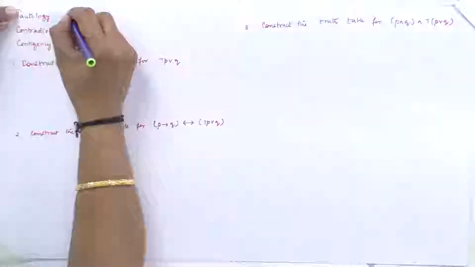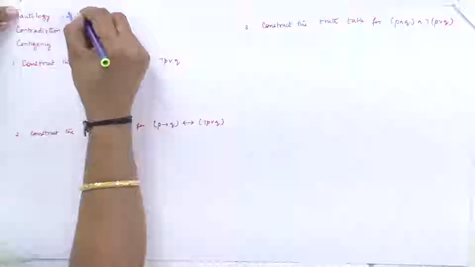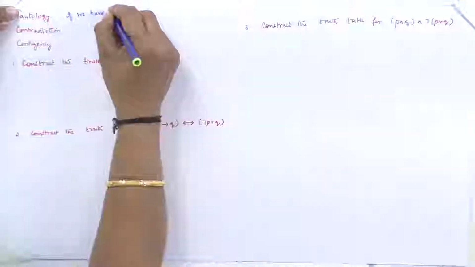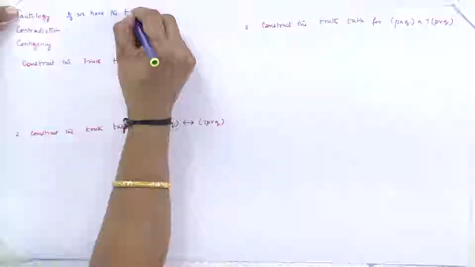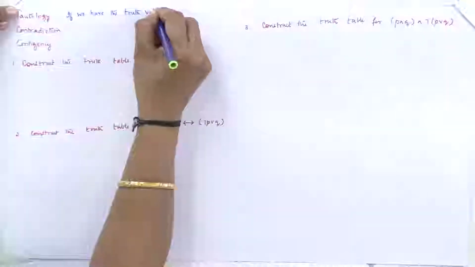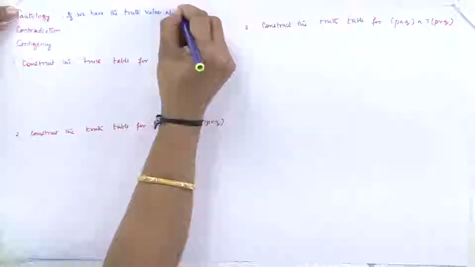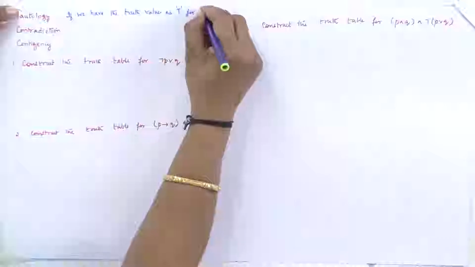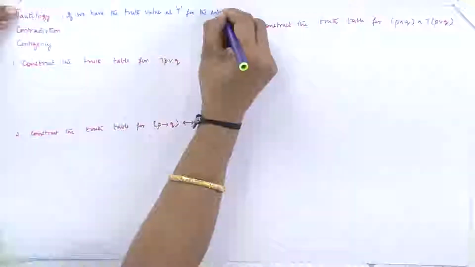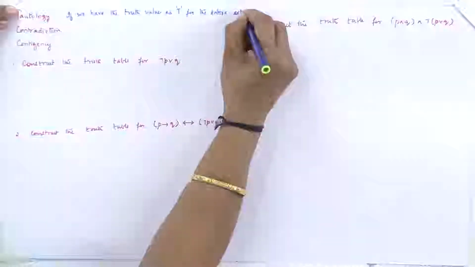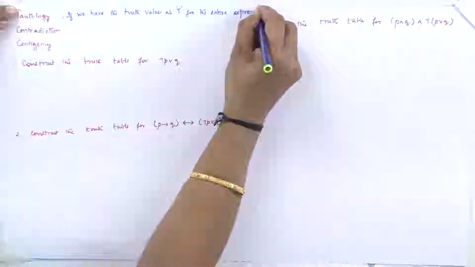If we have the truth value T for the entire expression, then it is said to be a tautology.